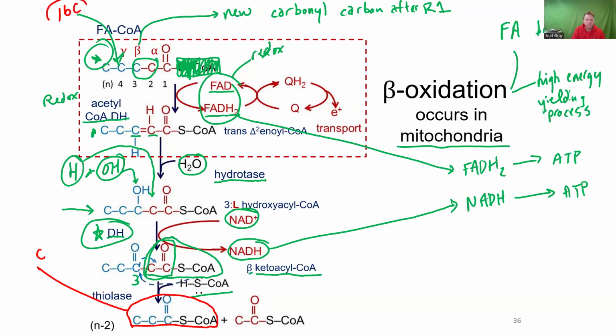We started with something that was 16 carbons long. Remember, this N is just indicating that it goes on in perpetuity. It goes on forever, or as far as we want. We started with something that was 16 carbons long. How many carbons did we remove from that 16 carbon chain?